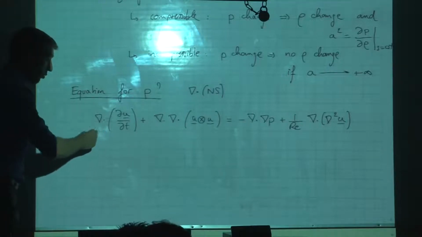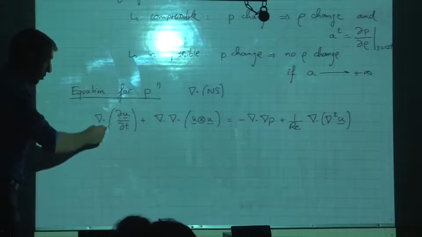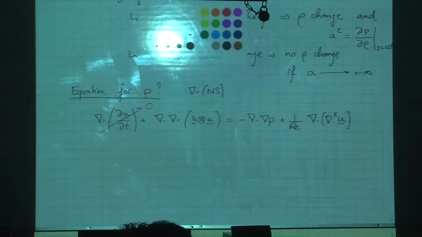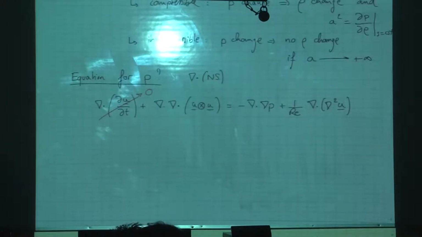I can obviously swap the order of these two operators, divergence and d over dt. Therefore, I have the time derivative of the divergence of u, which goes away.